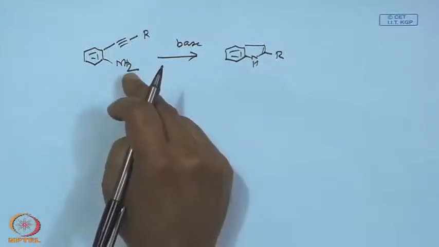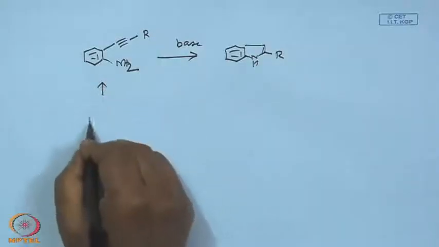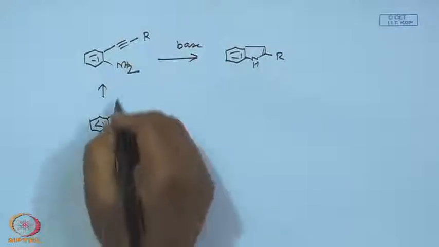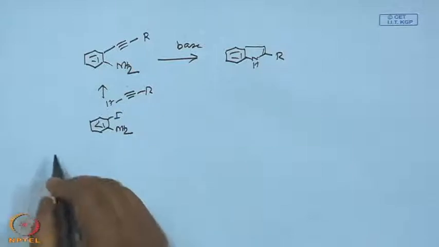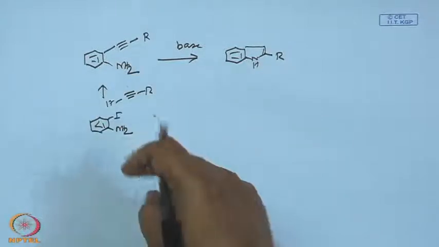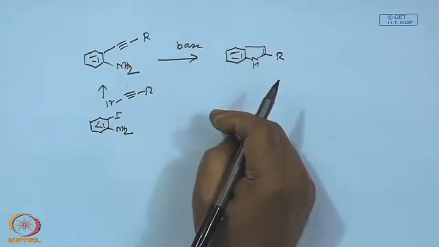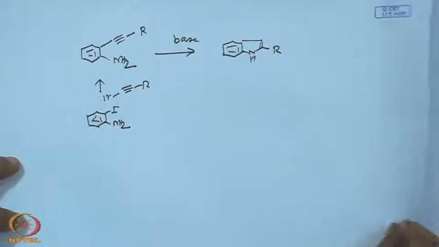These alkyne derivatives, all of us know, can be obtained by Sonogashira coupling from the corresponding iodo compound. So, you can make use of the terminal alkyne and the iodoaniline. You can separately do this Sonogashira coupling, and then you can get to this one, and then the cyclization can be achieved by use of different bases.